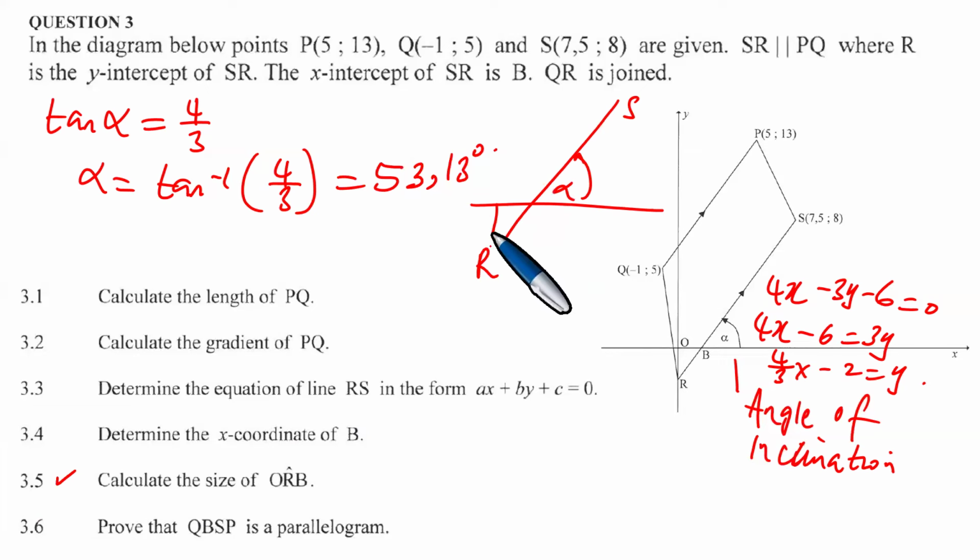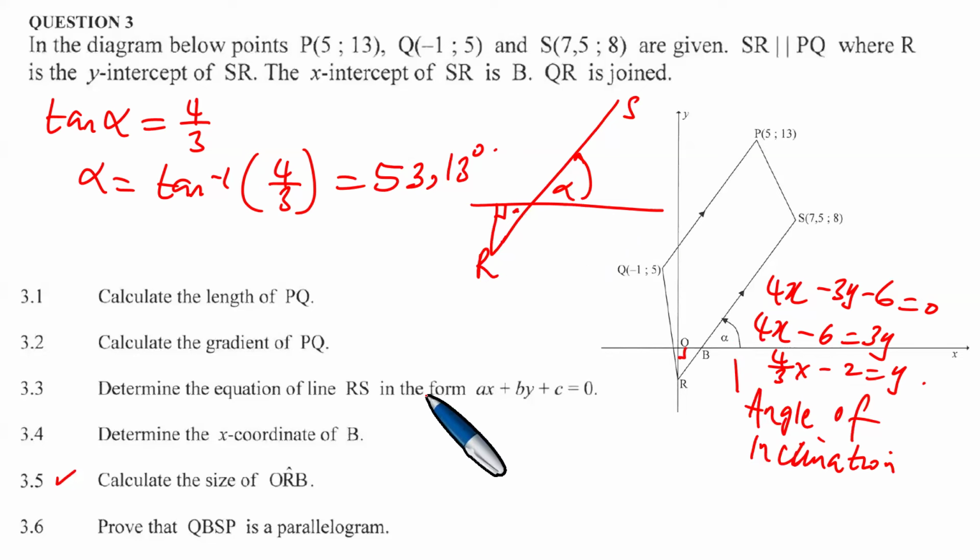This angle here is 90 degrees, as can be seen, because the y-axis and the x-axis are orthogonal, perpendicular to each other.